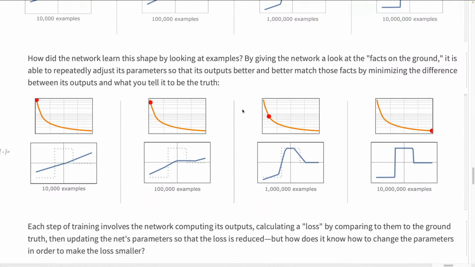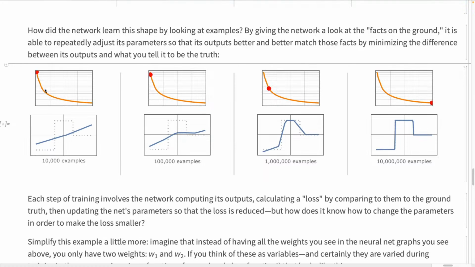So let's say it puts in an input and its parameters are totally busted and random and wrong and don't make any sense, and it gets a crazy output. What it's going to do is say, oh okay, I see that that output is really far from what I should get. So I'm going to adjust my parameters a little so that the difference between what I'm getting and what I should get is smaller. I'm going to minimize the difference between what I'm getting and what I should get.